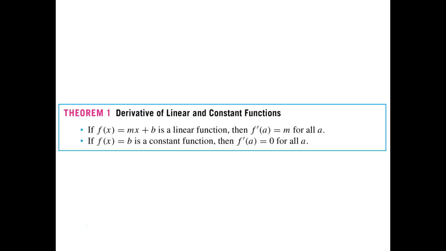Linear function. What is the derivative? The slope of that linear function. If f of x is a constant function, what is its derivative? 0, because the slope of a constant function is 0. There is no m. M is 0 there.